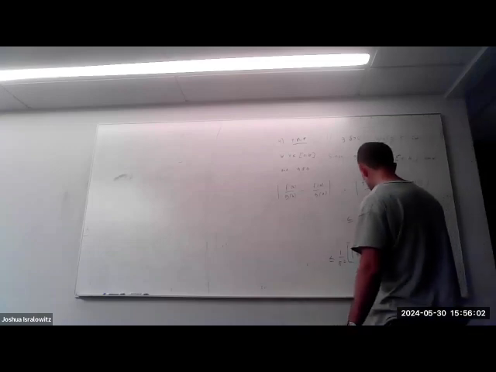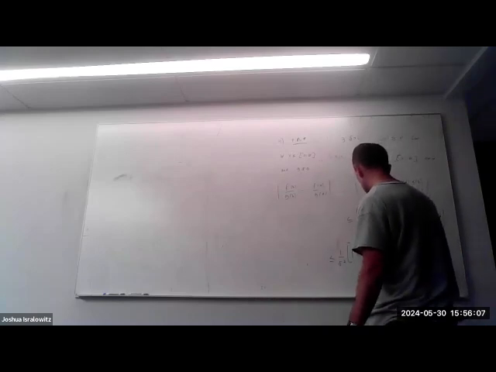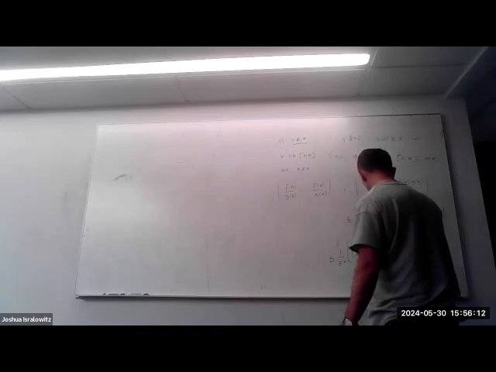And F and G are both continuous on closed AB, so they're bounded. So let's say this is less than or equal to M, regardless of what A and B are.